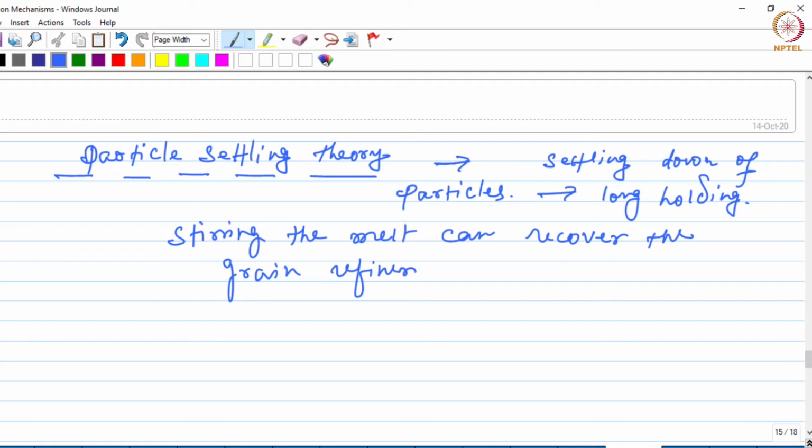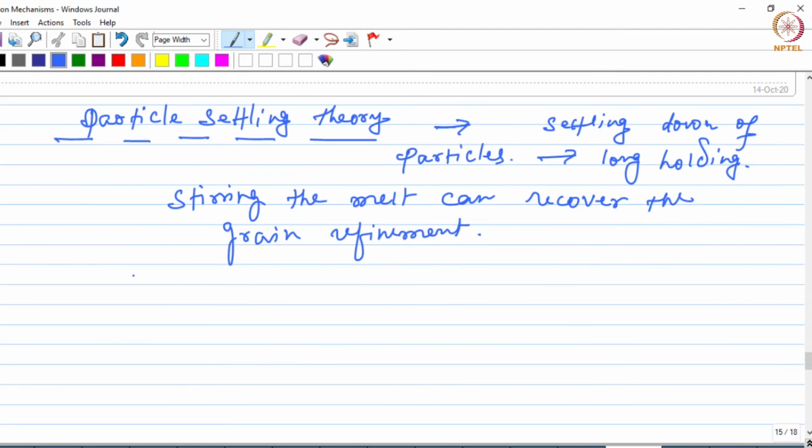Because if you stir the melt, these particles will be again suspended and they will act as the heterogeneous sites. Okay. This can be also depicted graphically.